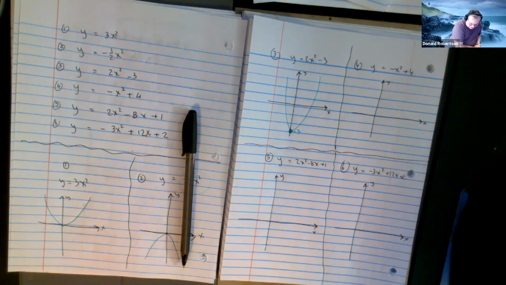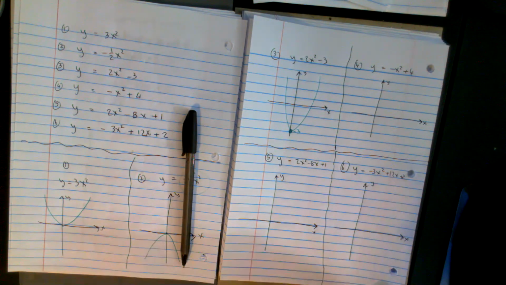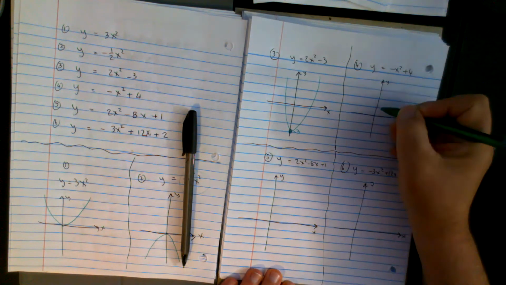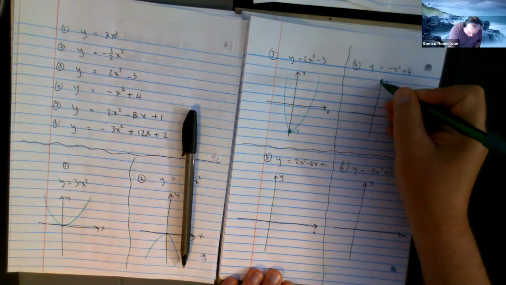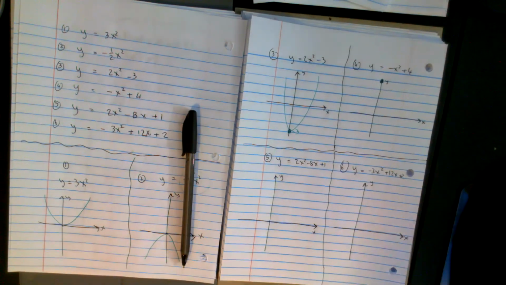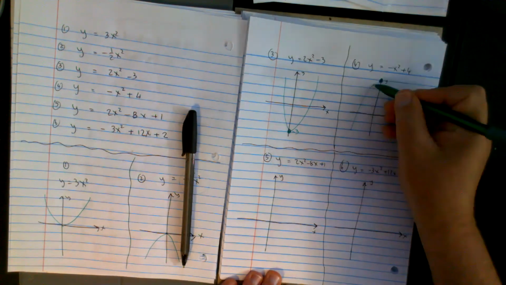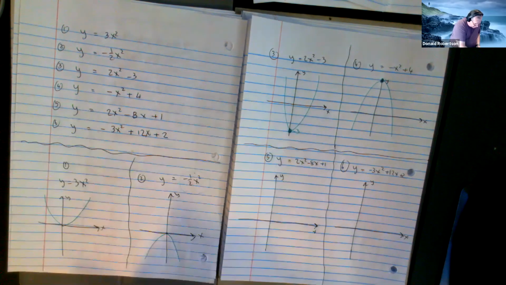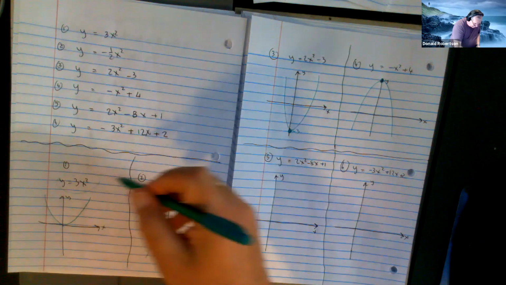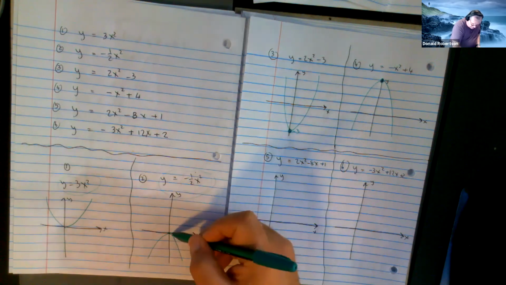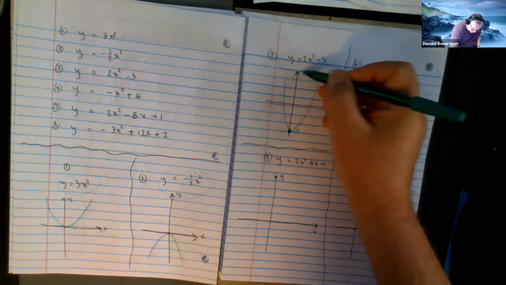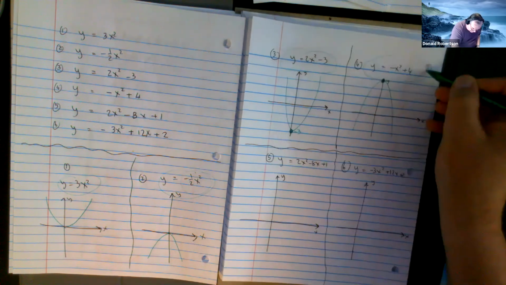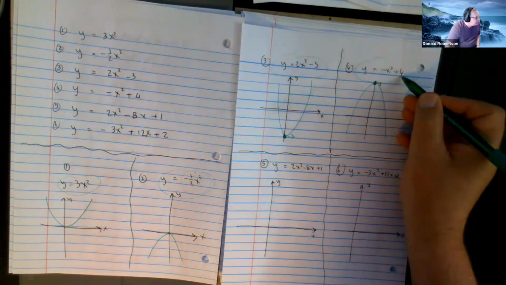Okay, go for it. 0, 4. Okay, 1, 2, 3. It's about there. Happy or sad face? Sad face. And there you go. Can you see the difference between what the equations look like when the vertex is the origin and the difference in them when the vertex is a number like -3 or +4?